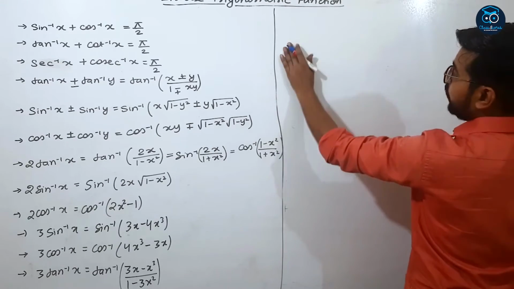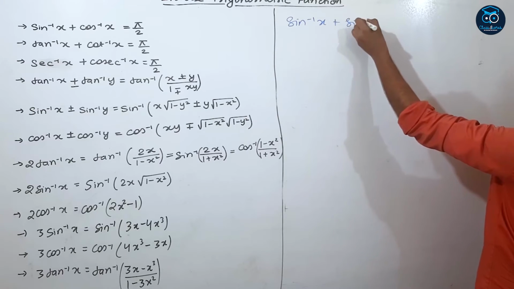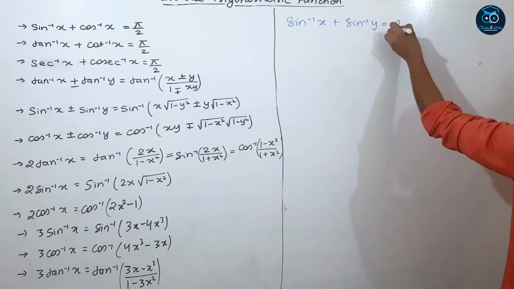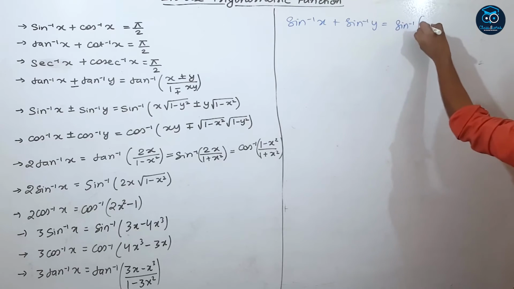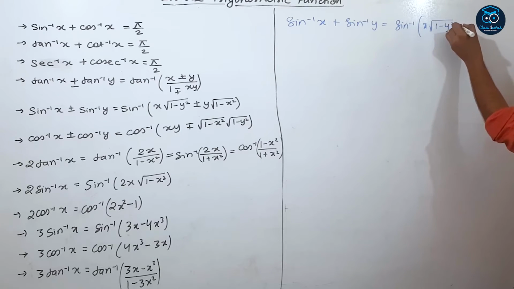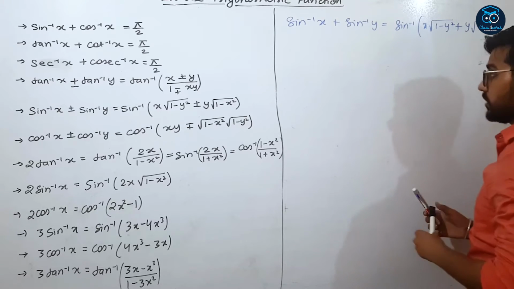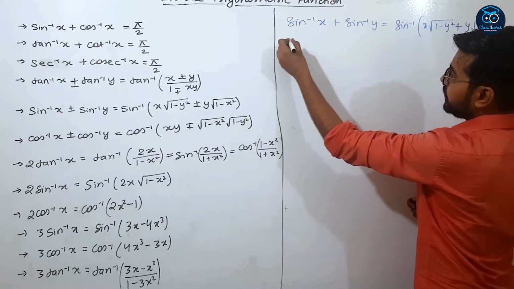Now our next property is sin inverse x plus sin inverse y equals sin inverse of x root 1 minus y square plus y root 1 minus x square. This also is done in the same manner.